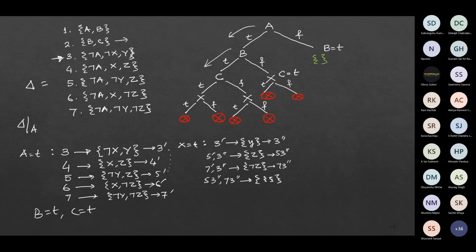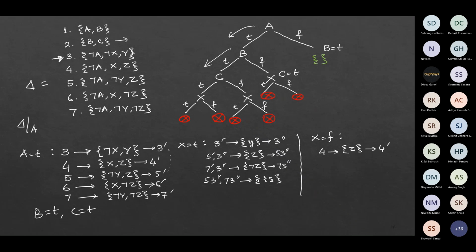Right? Now, as we get a contradiction, we'll be setting X equal to false. As we set X equal to false, the fourth clause will be converted to Z, because we have set A equal to true and X equal to false. So Z should be true.